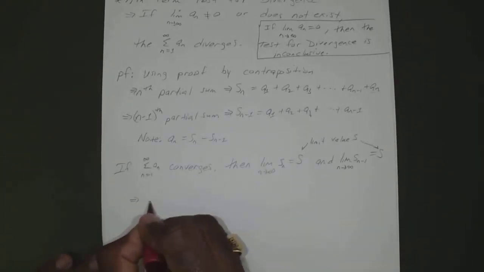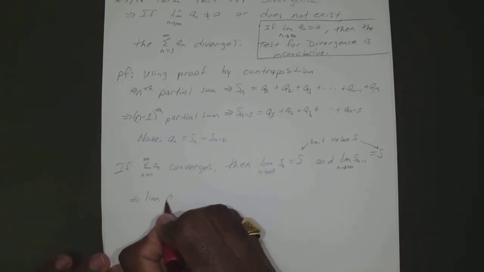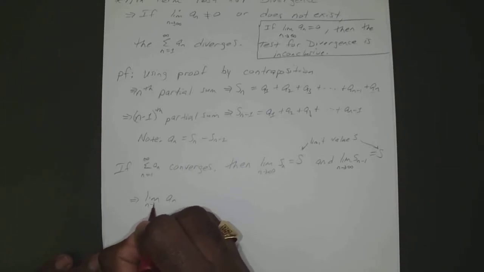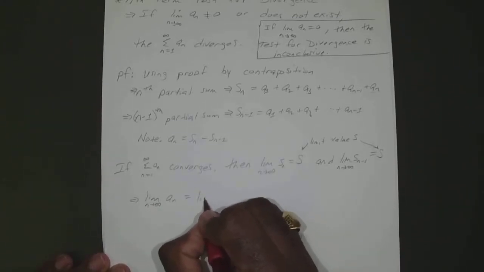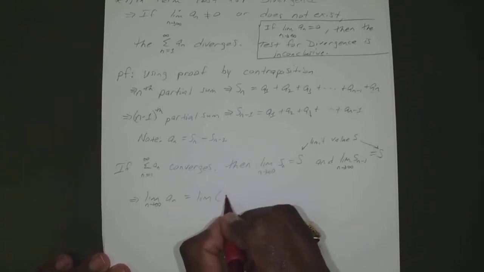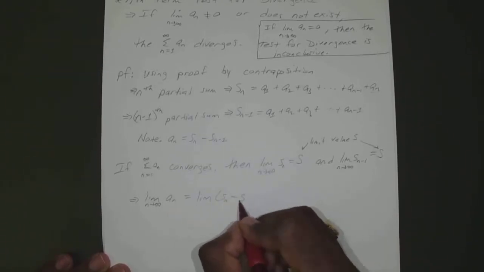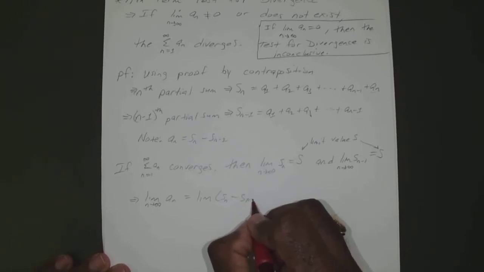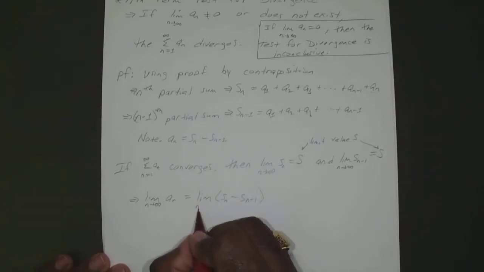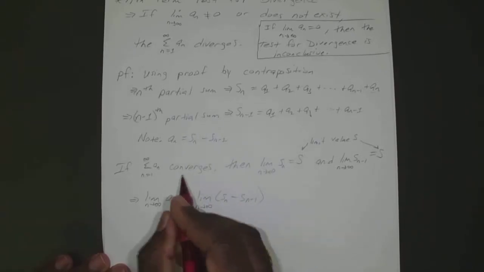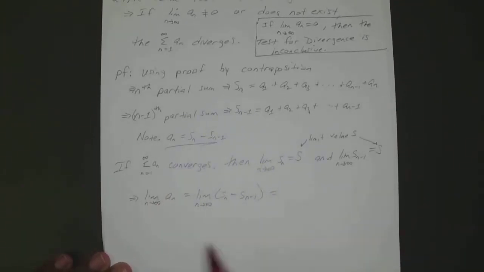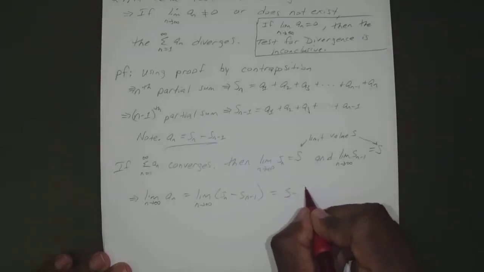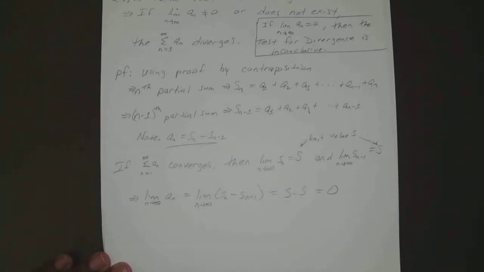So the limit of a sub n as n approaches infinity is going to equal the limit of the nth partial sum minus the n minus 1 partial sum, since they are equal. We've already discovered that the limit of both of those will be equal to S, so the difference is equal to 0.